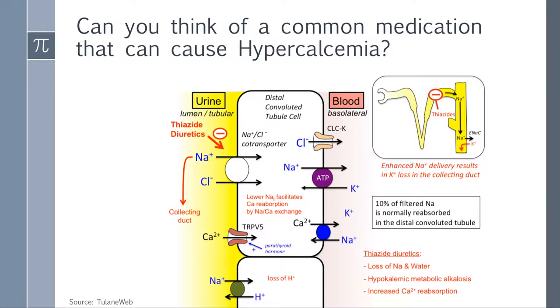And some people have very sensitive receptors. So you don't have to worry about all the convoluted things you had to remember for Step 1. What happens is you block this channel, it makes it easier for calcium to come in, and you get hypercalcemia. And if you're forming a lot of calcium in your urine, you're going to get stones, right? So actually you could use thiazides on somebody who's making too many calcium stones. So remember this connection.